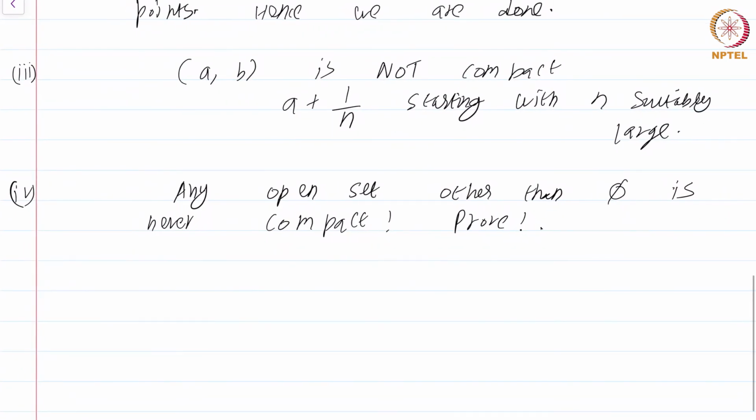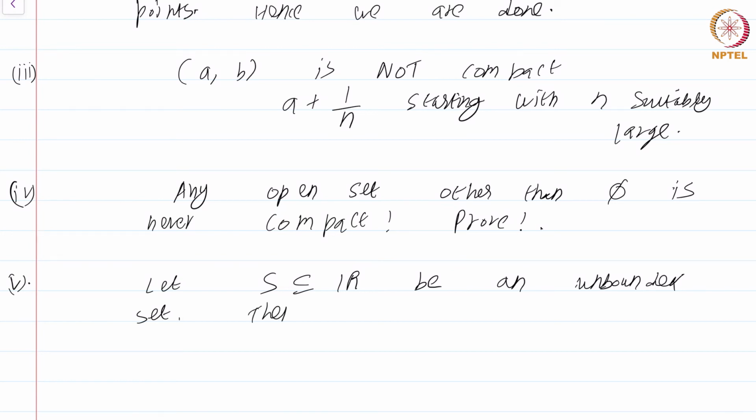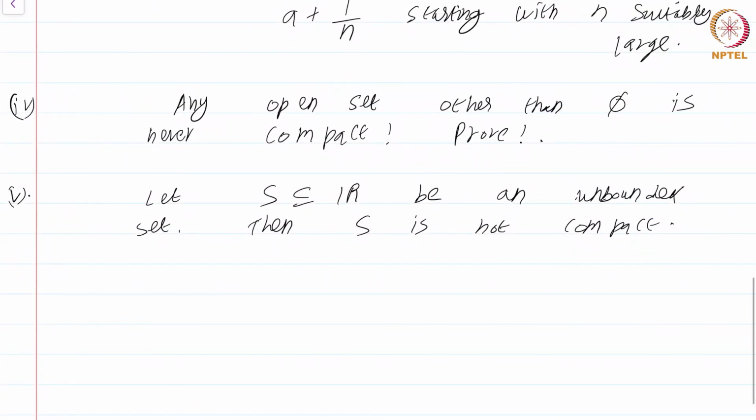Finally, one other example. Let S subset of R be an unbounded set. I will just define what unbounded is in a moment, but I want to collect the examples. Then S is not compact. Okay, so let me just define for you bounded and unbounded sets, and we'll come back to this example.